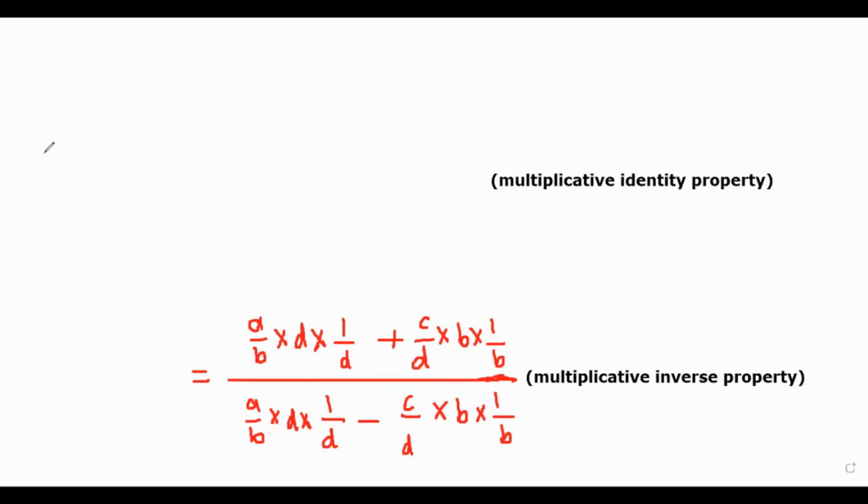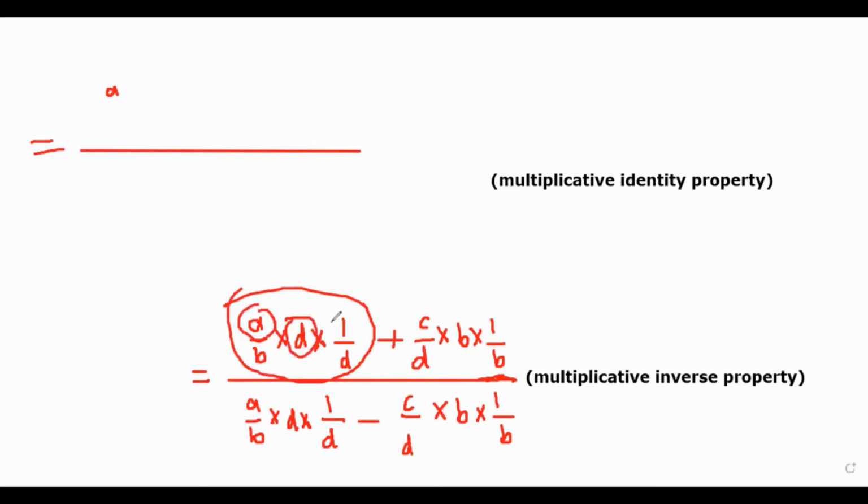So this will be equal to, so we have a by b. So this can be written as, you see here that a, b and 1.